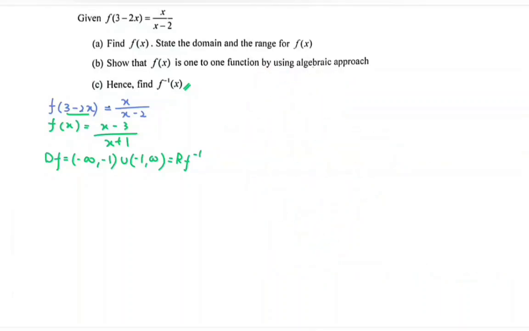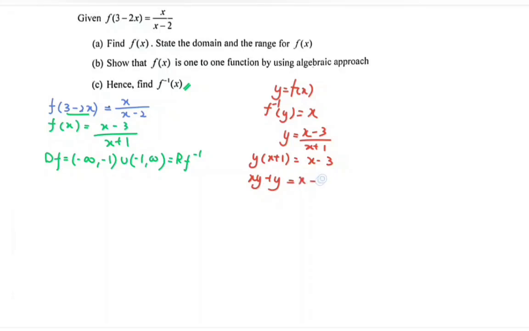Kindly refer to C. Find the f inverse. Do you remember the statement y equals f(x)? So f inverse of y equals x. So kindly substitute. y equals (x minus 3) over (x plus 1). So we have y multiplied with (x plus 1) equals x minus 3. xy plus y equals x minus 3.